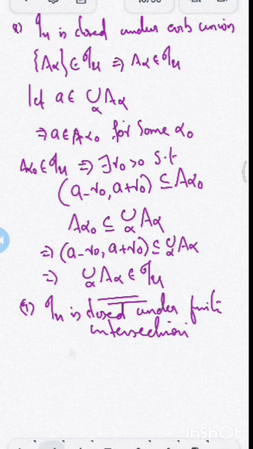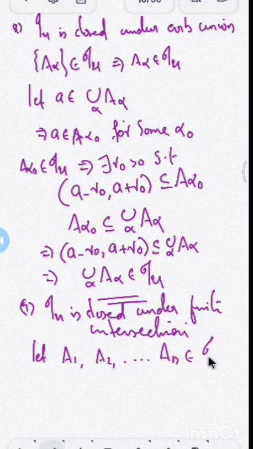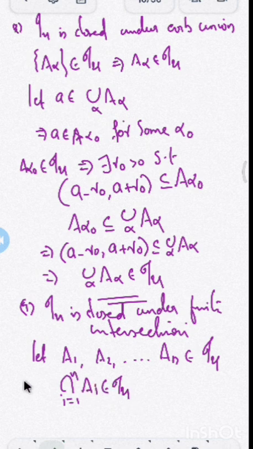Let some A1, A2, etc., An, this is some enumeration, belong to tau u. I take a finite number of elements from tau u. We need to prove that the intersection over i equal to 1 to n of Ai also belongs to tau u.